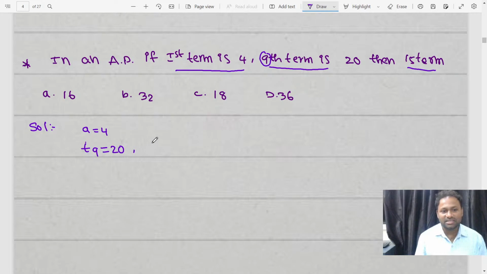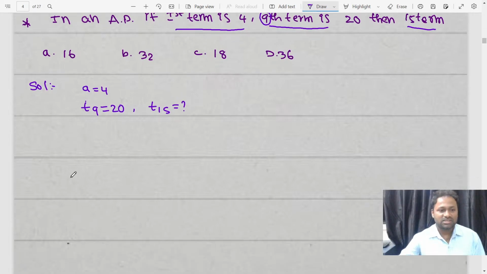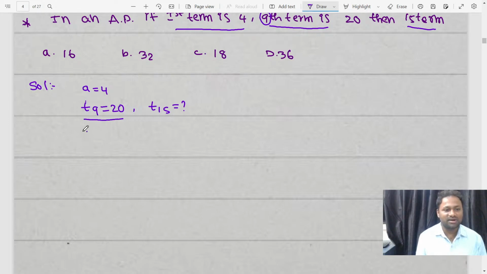The question is T15, right? We need to find T15. Clear? First of all, from the given conditions, I will find the D value. We have T9 is equal to 20. Generally we have the formula A plus (n minus 1) into D, it is the formula for Tn.